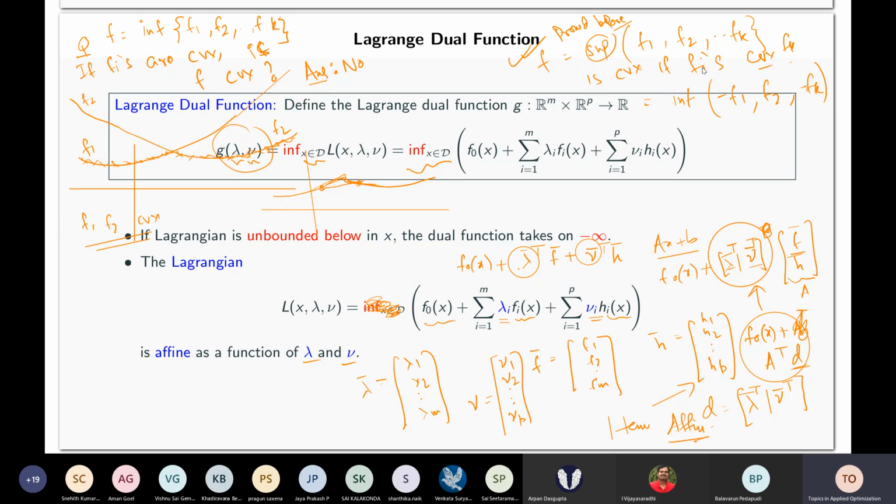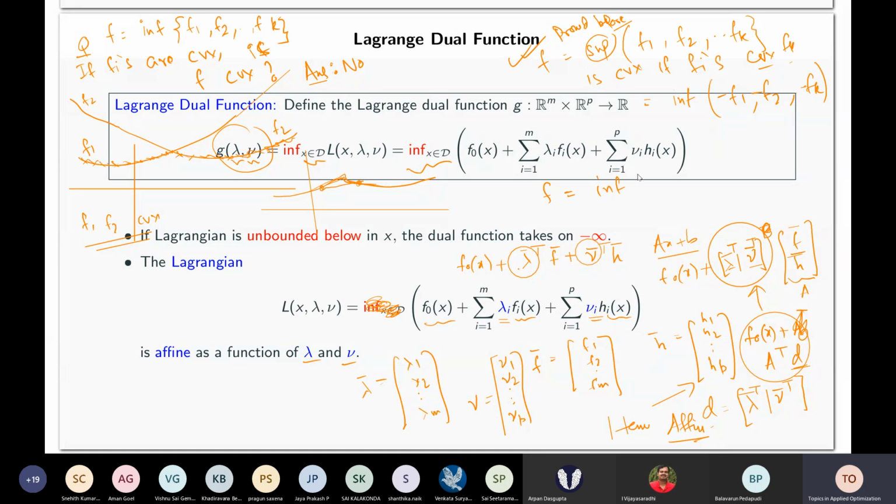But minus of a convex function will be what? Is minus of a convex function concave? Yes, right. So from here, what we are sure about is the following.